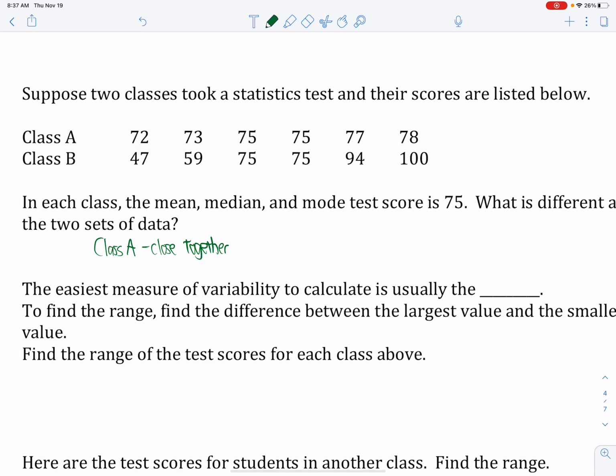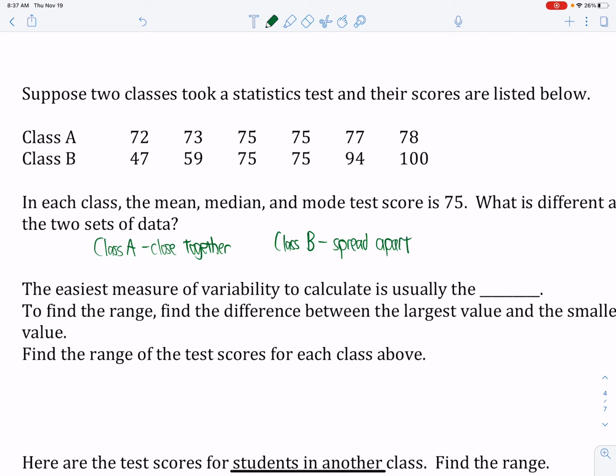But by comparison, in class B the grades are all over the place. You had some people who failed, some people who got C's, and a couple of people who got A's. Basically, the grades were very widely spread apart.